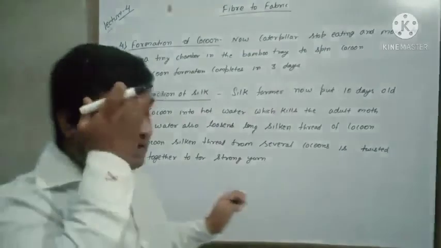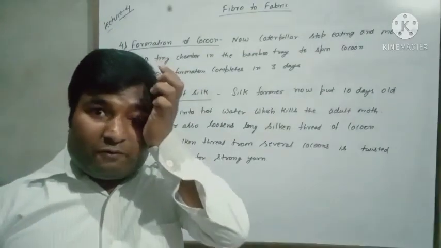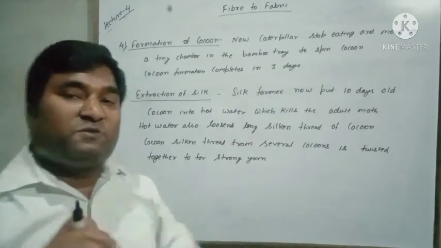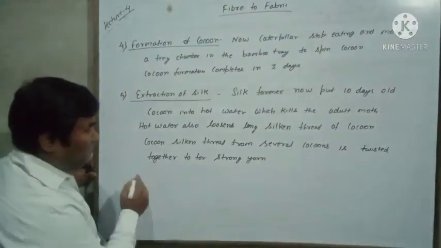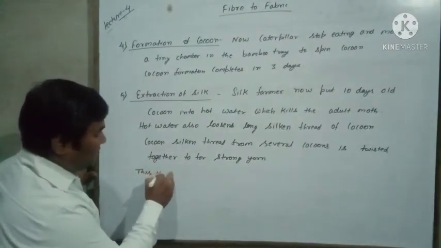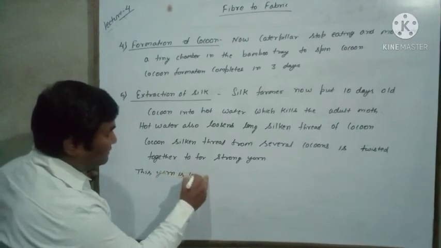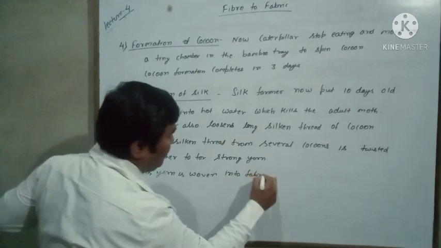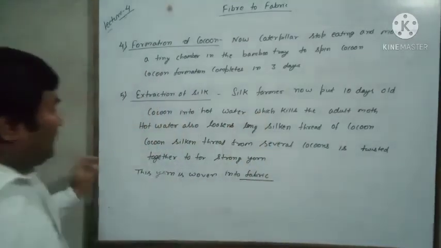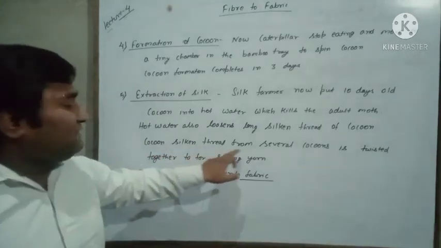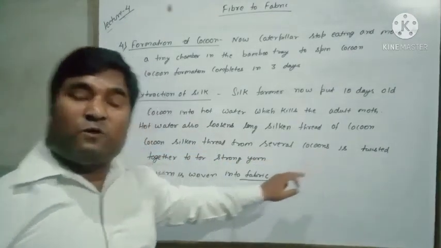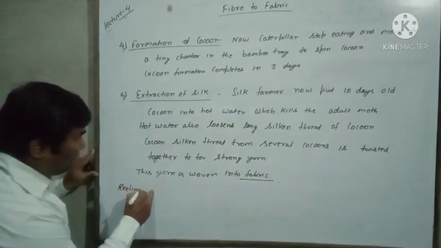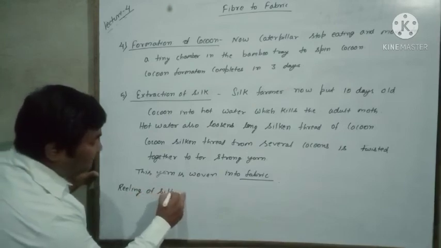You know from class 6 only that in fiber to fabric you have seen many fibers are twisted together to form yarn. Okay, and this yarn is woven into fabric. Okay, this process of taking silken thread from the several cocoon is called reeling. It is called reeling of silk.